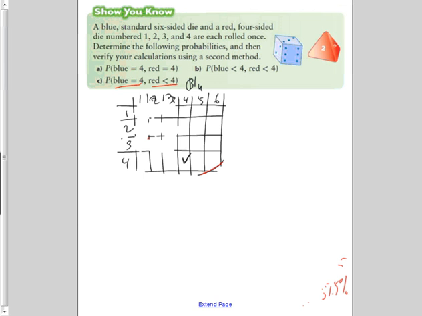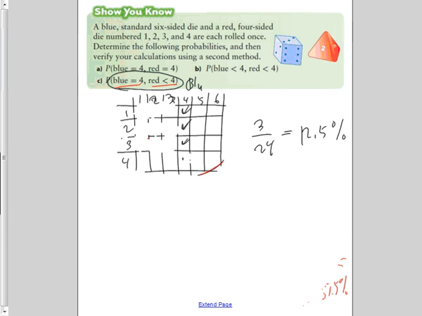Well, all of the reds are less than 4. Oh, sorry, this one's not less than 4. This is exactly 4. So out of all the 24 combinations, the only ones where blue is equal to 4 and red is less than 4 are these 3 right here. No other ones have blue equal to 4 and red less than 4. So we have 3 chances out of 24, which in lowest terms is 1 out of 8, which is a 12.5% chance.